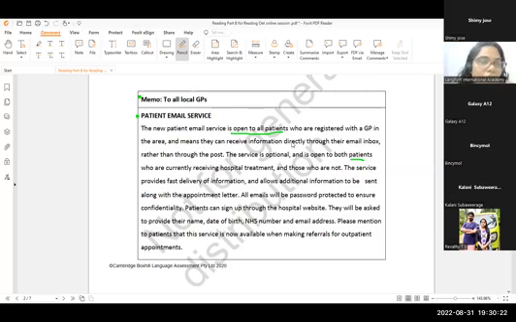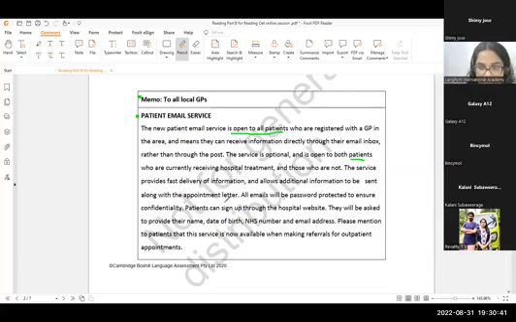Even though they are not taking treatment, they can avail these services. However, it's optional. Nobody is saying it's mandatory. It's their choice.